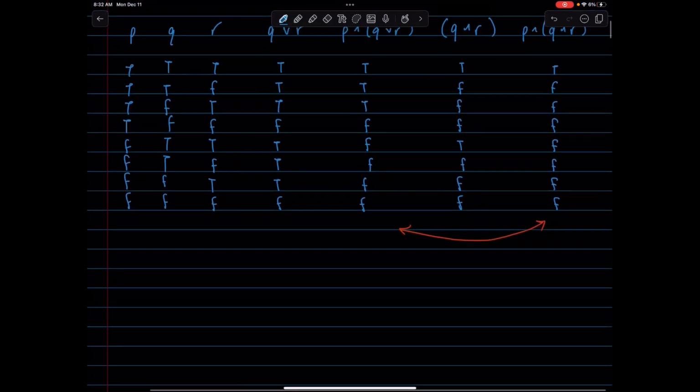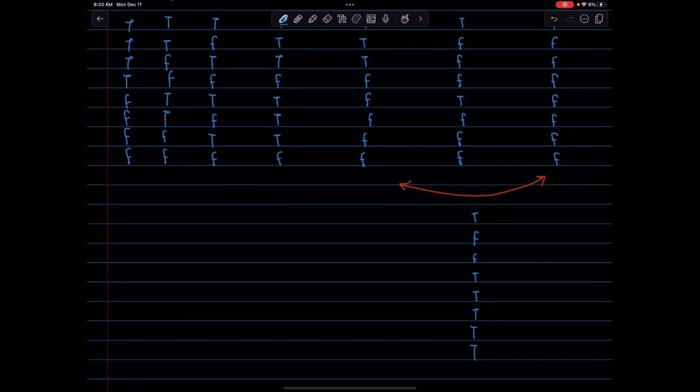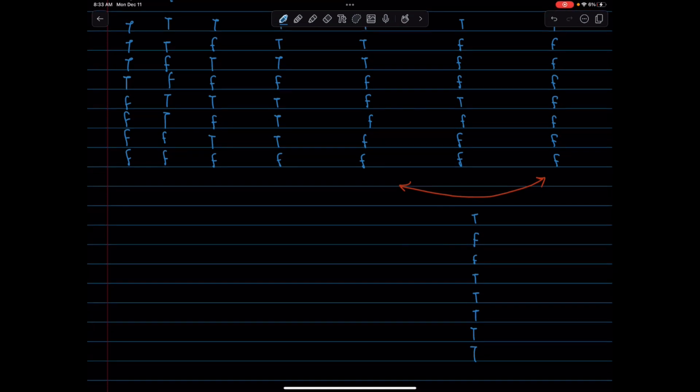And the biconditional is true when they both have the same truth value. So if it's false, false, or true, true, that results in a truth value for the biconditional.